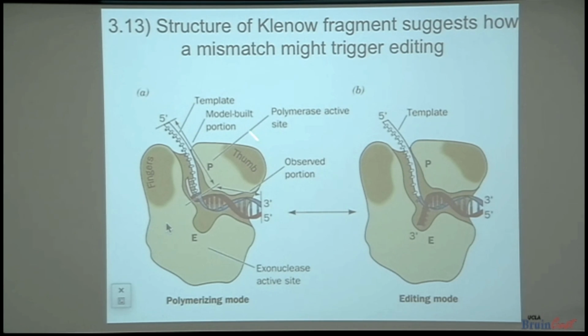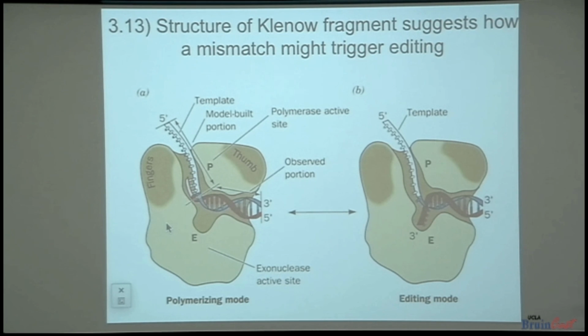Here is a Klenow fragment, and up here between the thumb and the fingers we have the polymerization active site. There are two magnesium ions, not shown, right about here that are catalyzing polymerization. Let's say that the polymerase makes a mistake, so we have a mismatch here. If there's a mismatch here, what's that going to do?